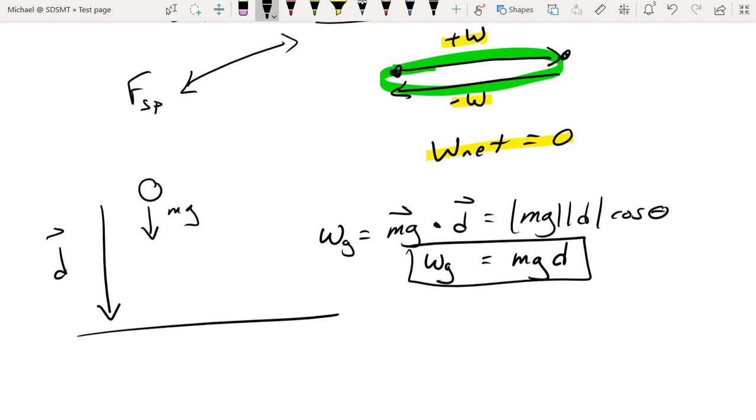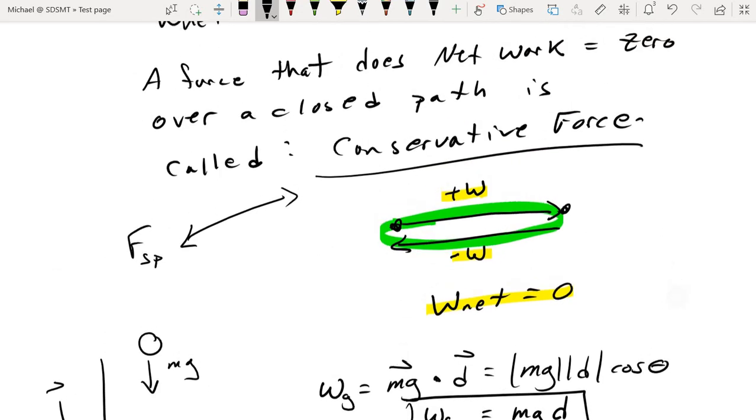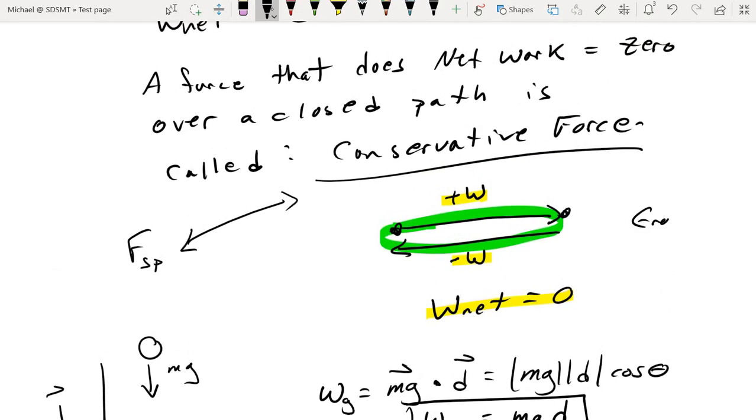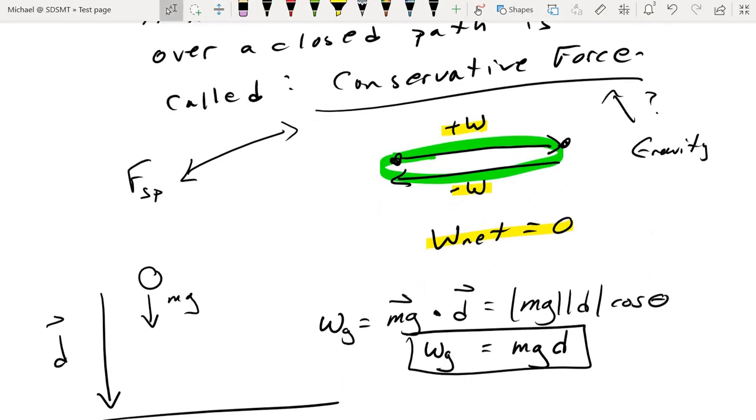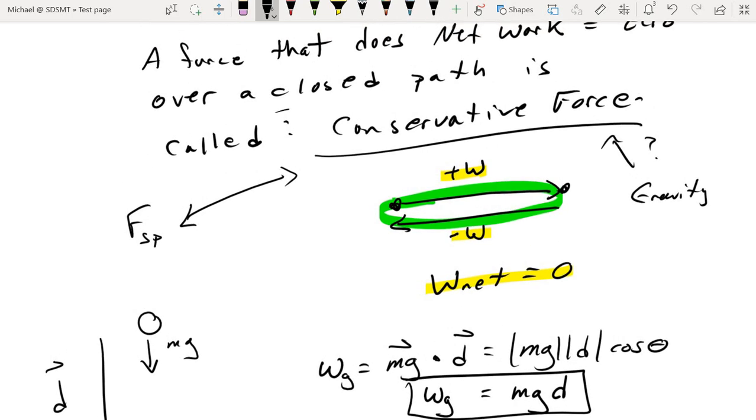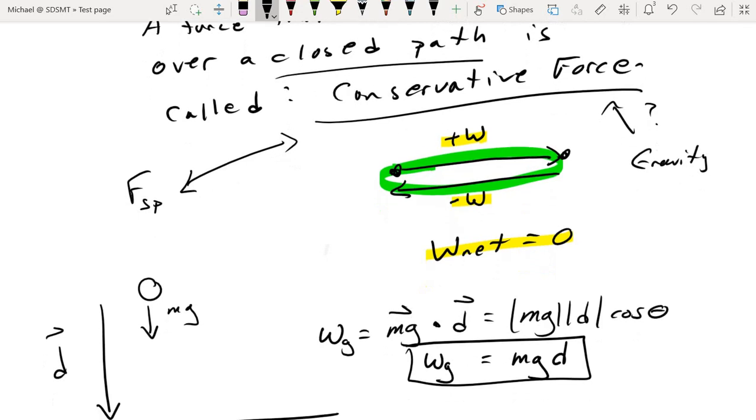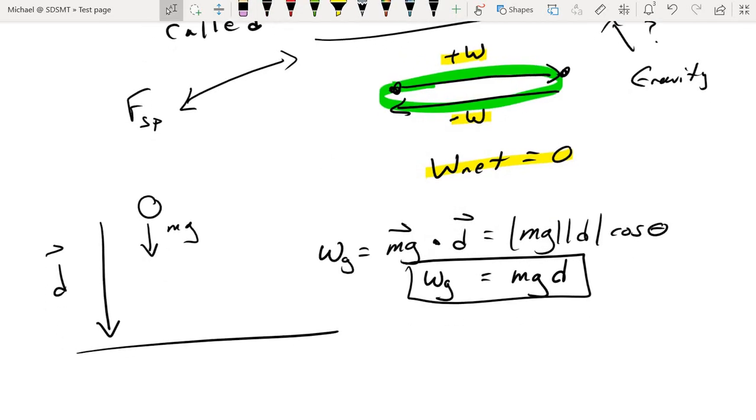But I want to see if gravity is a conservative force. So is gravity a conservative force? To answer that, we need a closed path. And the definition of a closed path is that you end up back where you started. Well, so far, I've gone from here to the ground.